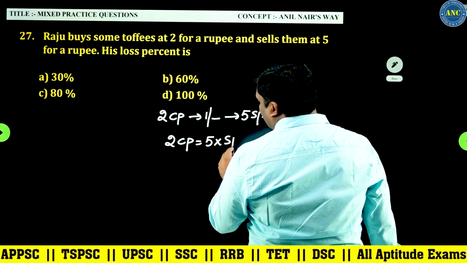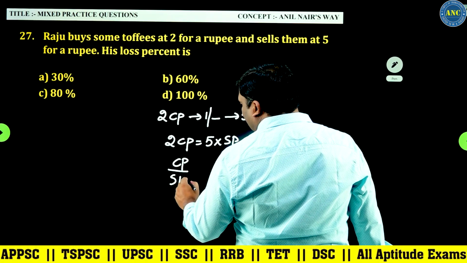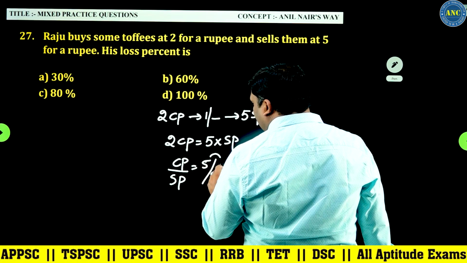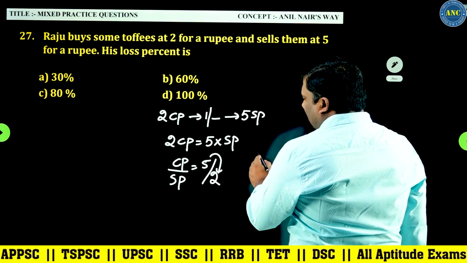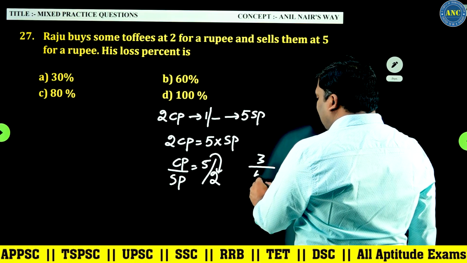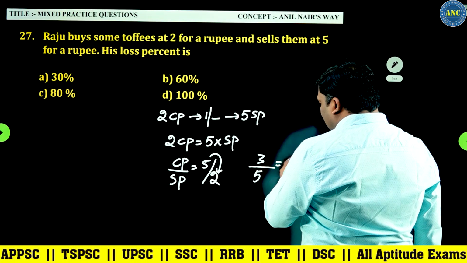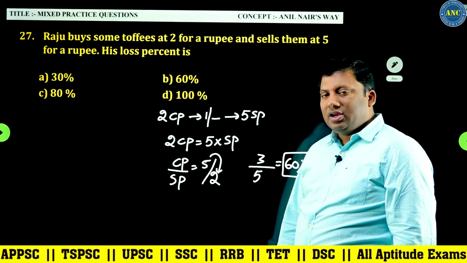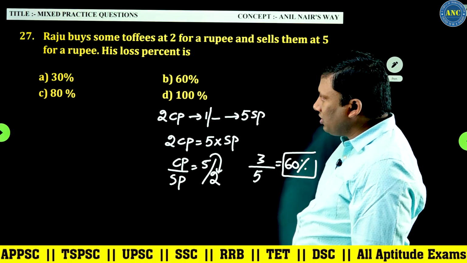CP by SP is equivalent to 5 by 2. He purchased at 5 and sold at 2. That means there is a loss of 3, on how much? On 5. 3 by 5. 1 by 5 is 20%, 3 by 5 is 60%. Answer for this question is 60%.